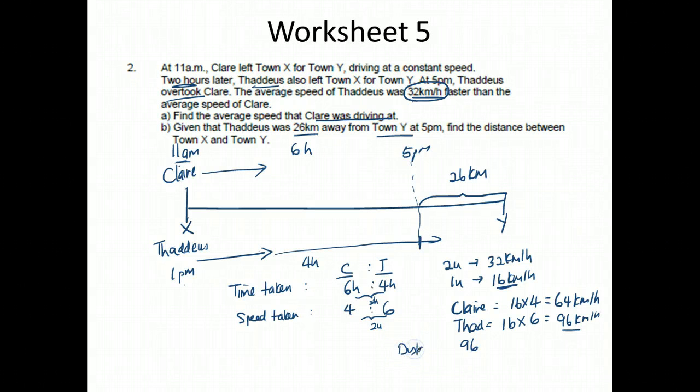The distance he would have traveled is 96 times the time he took, 4 hours. So 96 times 4 would be 384 kilometers. He needs another 26 kilometers to reach town Y. So you take 384 plus 26 kilometers. So the distance between town X and town Y would be 410 kilometers.